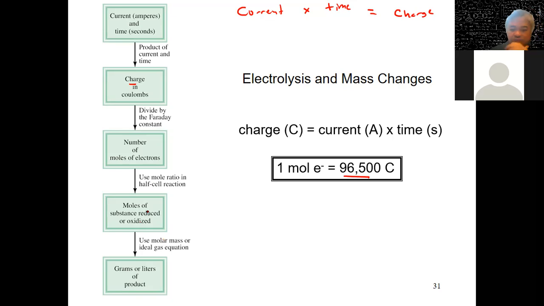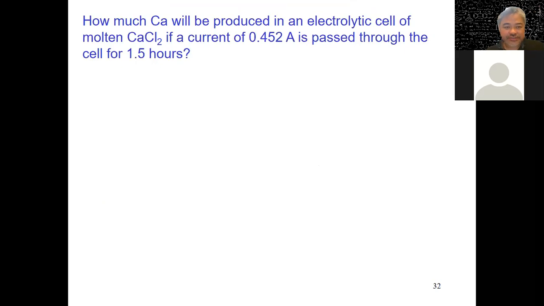So you can get the moles of the substance that is reduced or oxidized. And then you can use the molar mass to determine the mass in grams, or the ideal gas equation to determine the liters of the product. So let's try to solve.